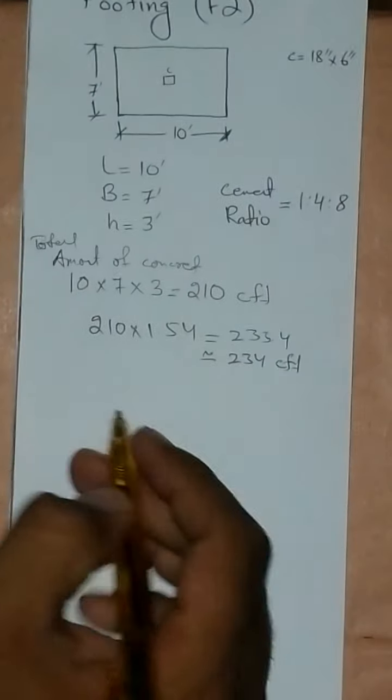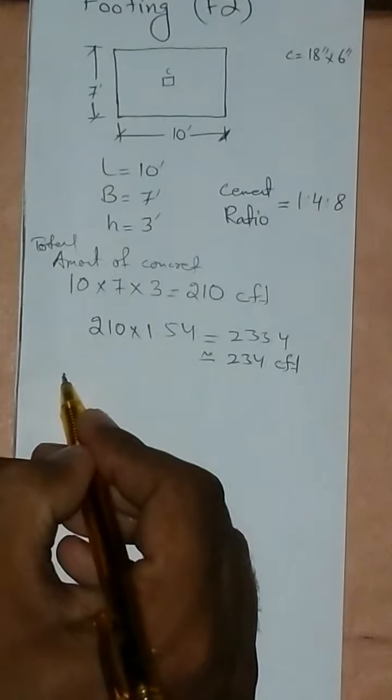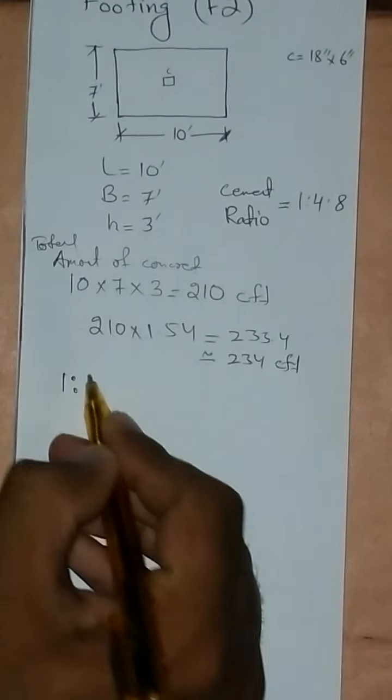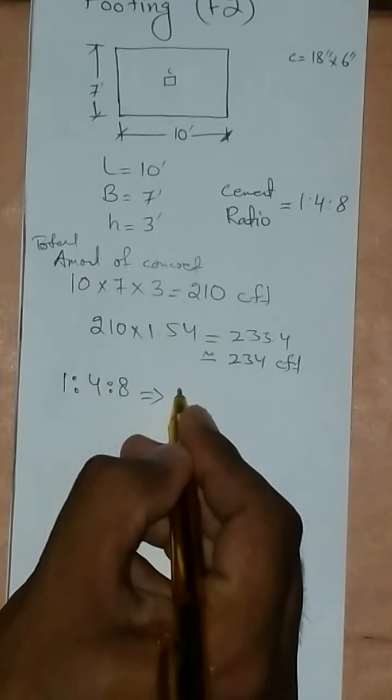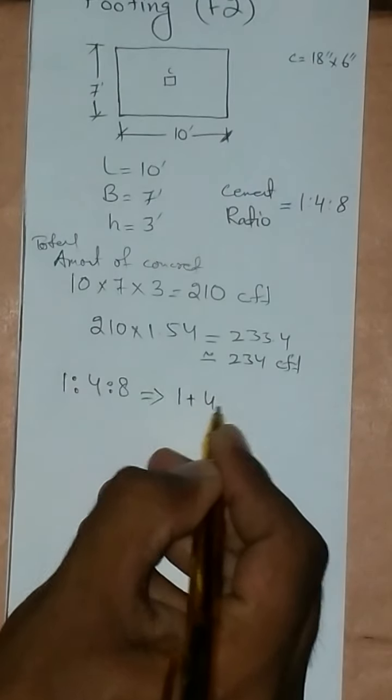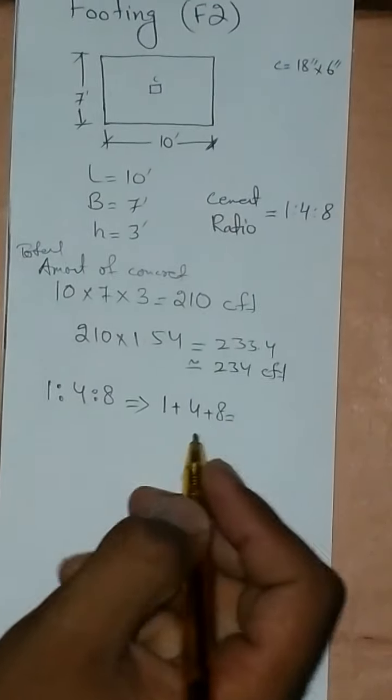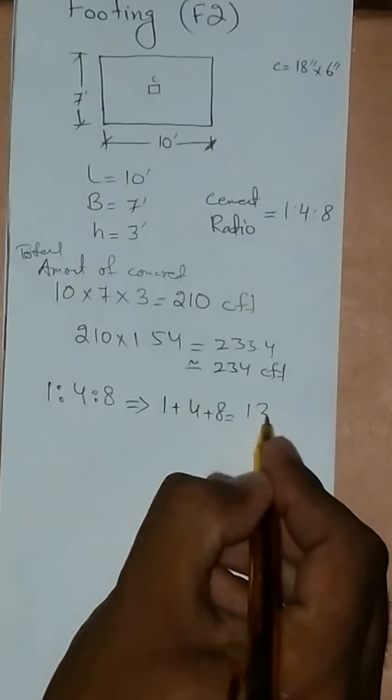Now here we have the cement ratio of 1:4:8. How many parts will it be? 1 plus 4 plus 8, it will be 13 parts.